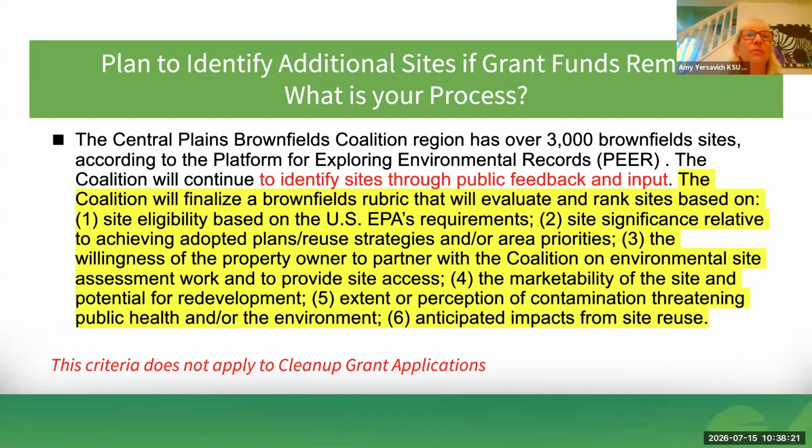You're not going to see this in cleanup because you're asking just for money for that cleanup. But with community-wide assessment grants, you may have extra money after you do your priorities that you've planned. And this outlines exactly, 1 through 6, different things that they feel are important that they'll score to help them pick additional sites if they have money left over.